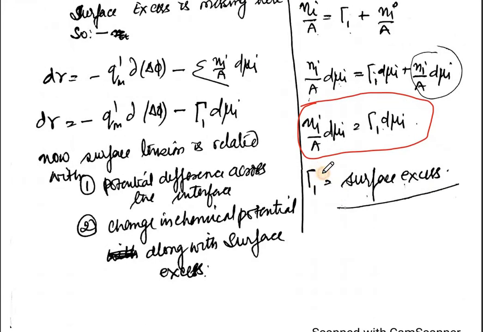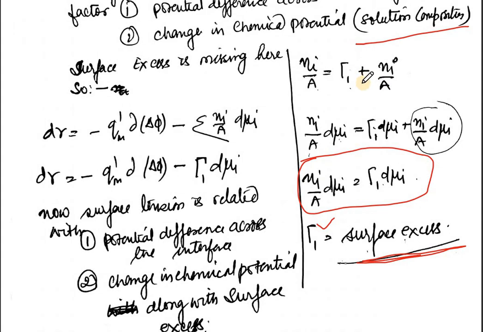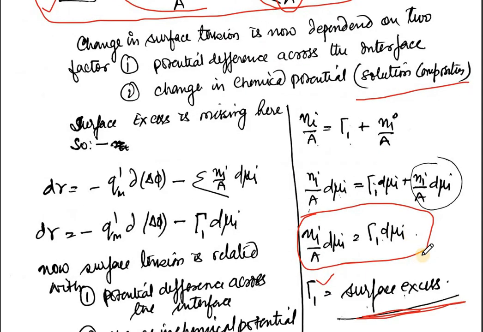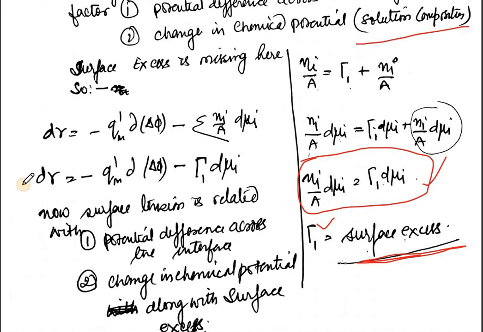This is nothing but the surface excess term. Now we will replace this equation by this, so the equation will turn like this.